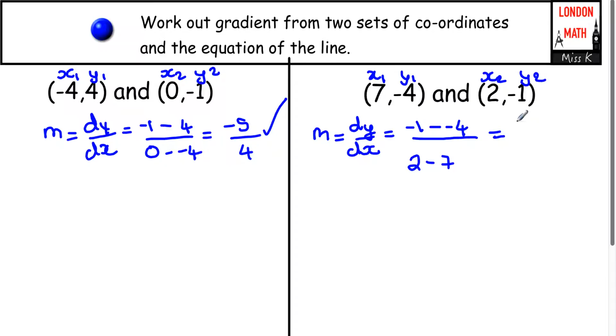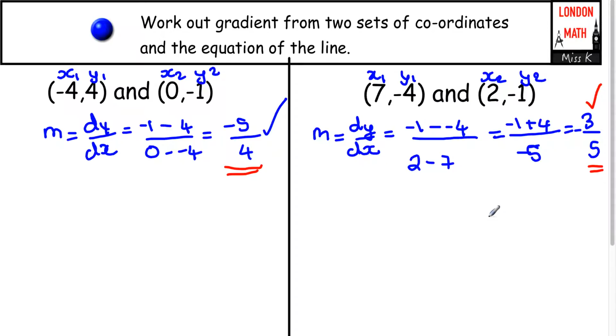Okay, that is negative 1 plus 4, in other words, and 2 minus 7 is minus 5. Okay, and then we've got this negative 1 plus 4, which is 3, over this negative 5. So the whole fraction turns into a negative number. So here we've got the gradient, and here we've got the gradient.